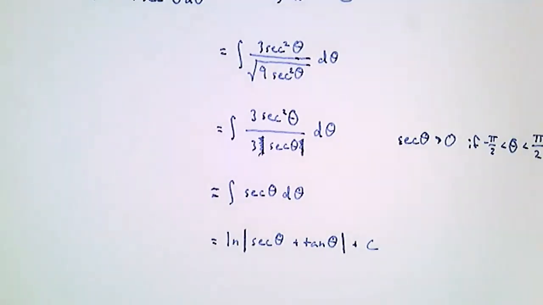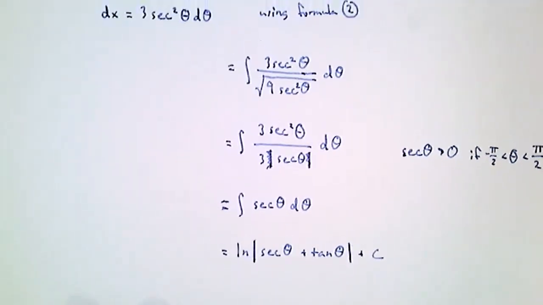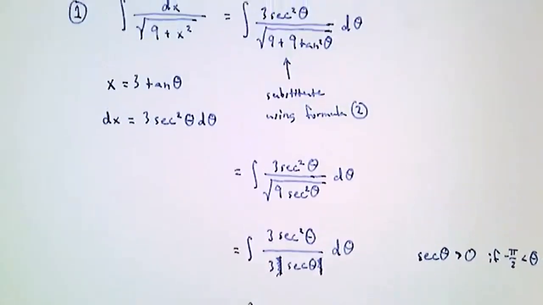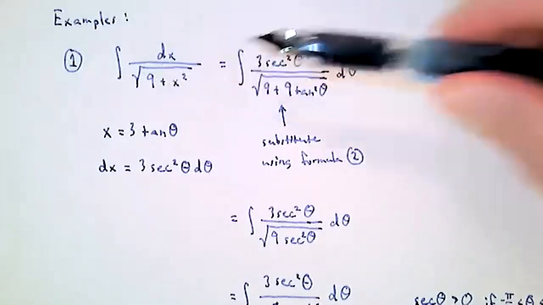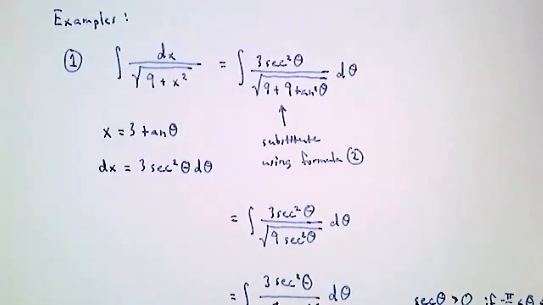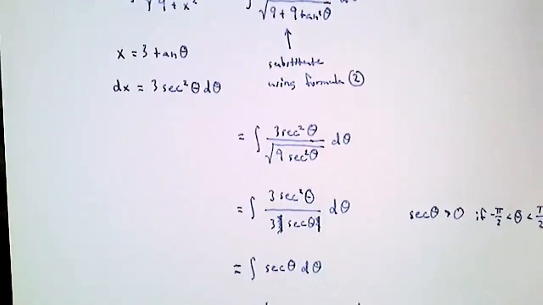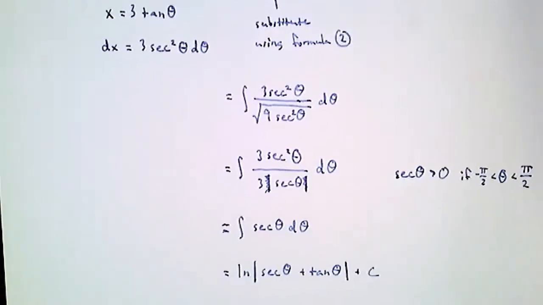Okay, so it looks like we're done. We don't have an integral anymore, but there's one issue. In our original integral problem, we had x's. And in our result down here, we have thetas.